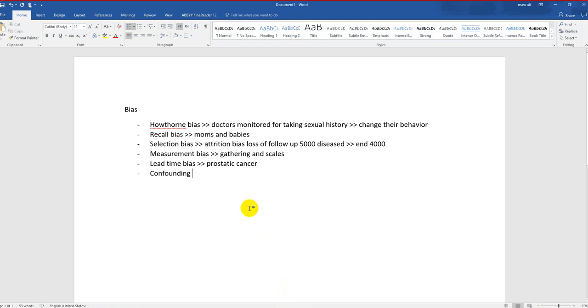There is one more low yield bias, which is called Berkson bias. Berkson bias is when we take hospital ill people, like if we take people from hospital and study them.